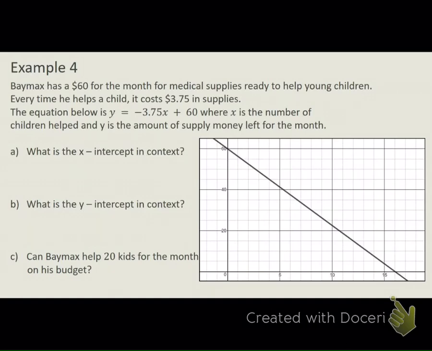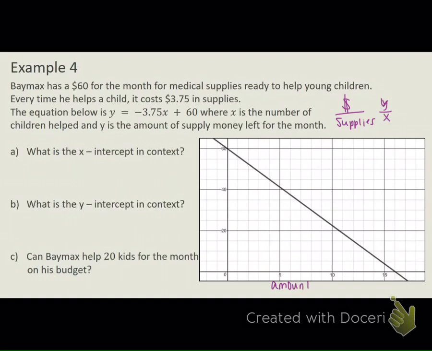I don't think that's what x and y represent. It's cost per supplies. So x would be the amount of supplies he uses, and y is the money he has left over.